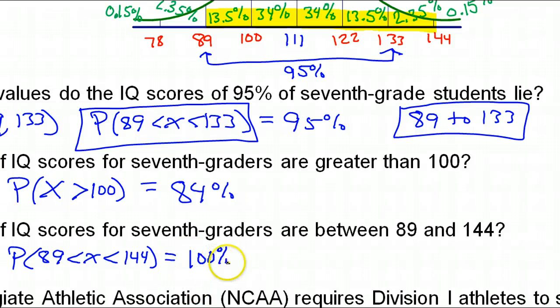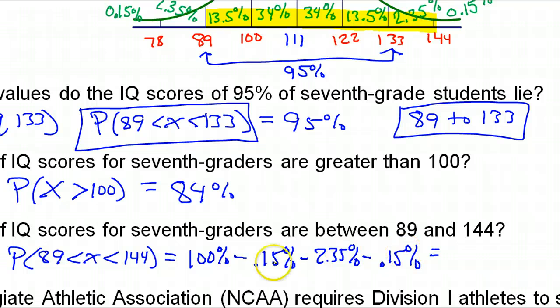So 100% minus 0.15% minus 2.35% minus the other 0.15%. Let's see what's left. We are looking at 97.35%.